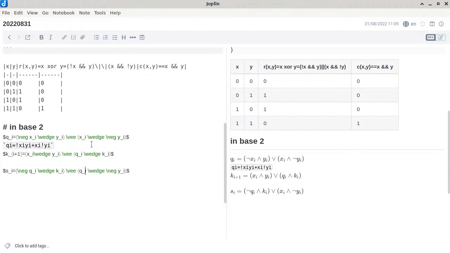Once again, Q and K. There we go. All right. That's it. This is just re-expressing everything that we knew about multi-digit base 10 addition, but this time it is for base 2.